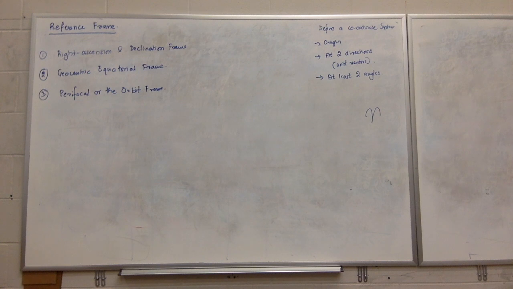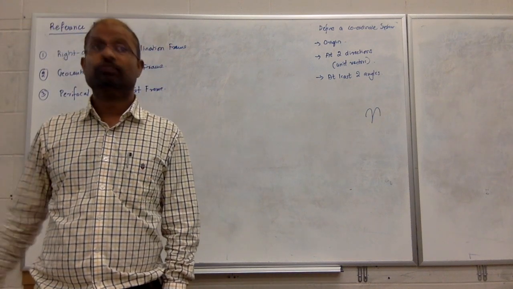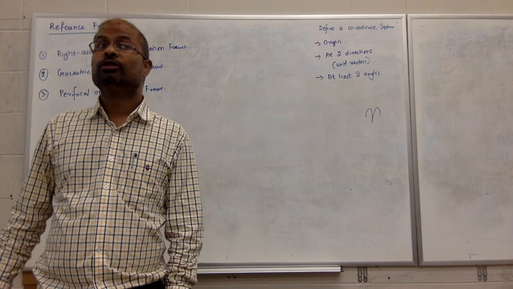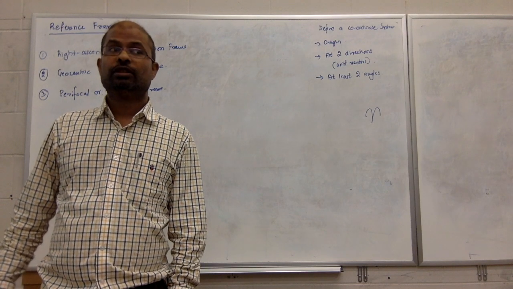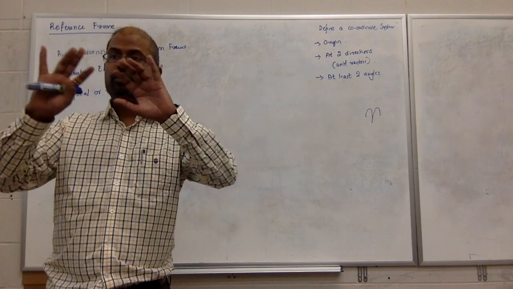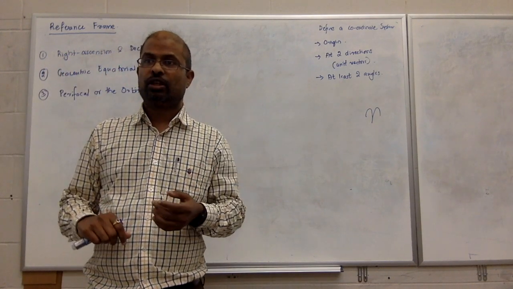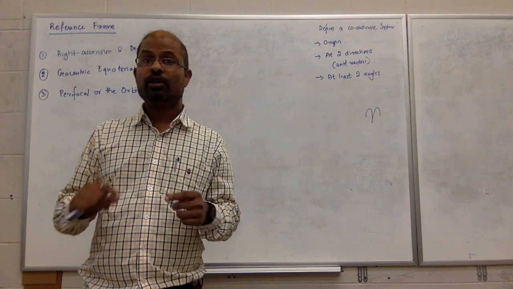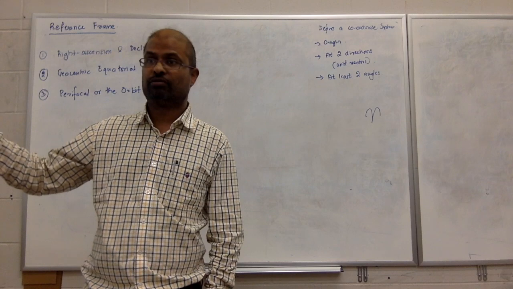Now, how are right ascension and declination different from latitude, longitude? Even latitude, longitude are 3D. You put a celestial sphere around Earth. You can define the position of any orbiting body with right ascension and declination.